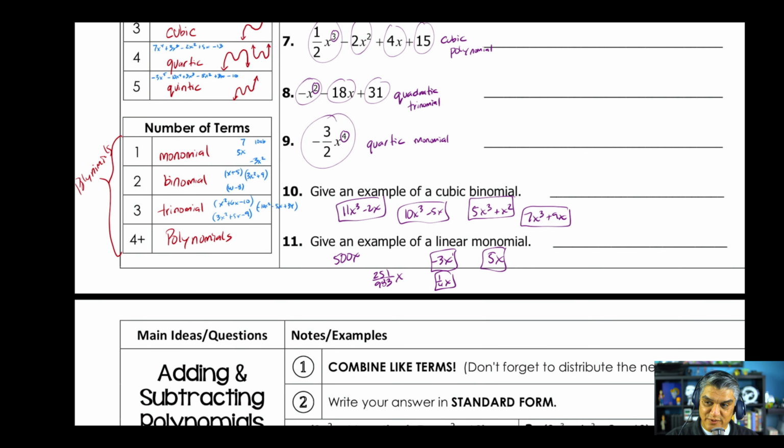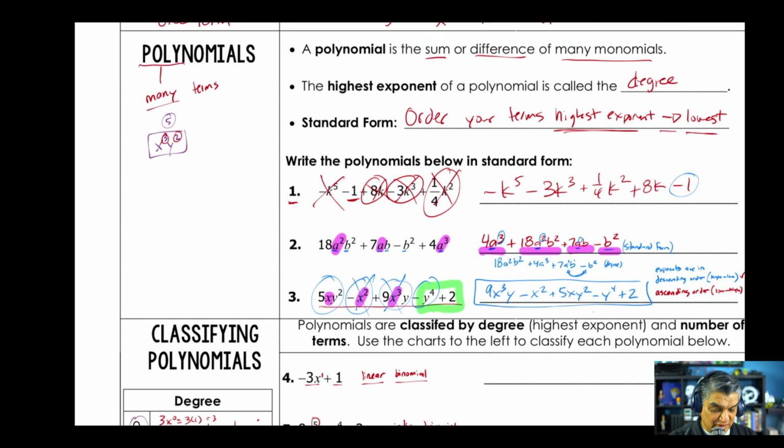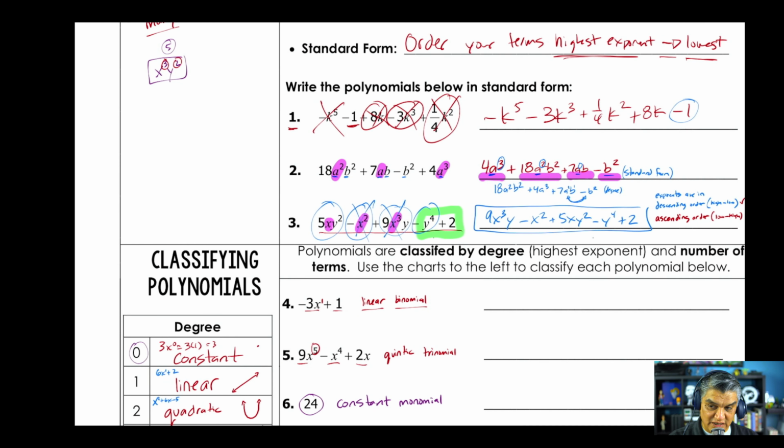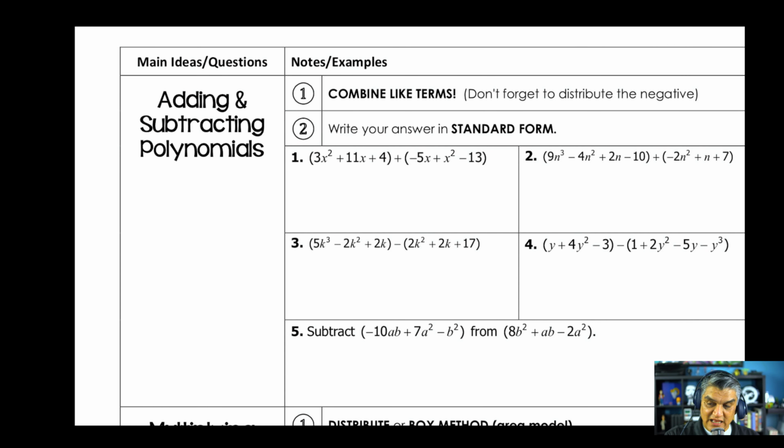So now that we know what polynomials are, now that we can name them, right? Now that we can put them in standard form, we can put them in order in either descending or ascending order. Descending from highest to lowest is the way we usually do it. Now let's add and subtract them. You've been doing this since 5th grade, right?